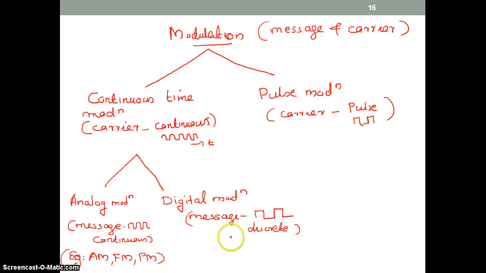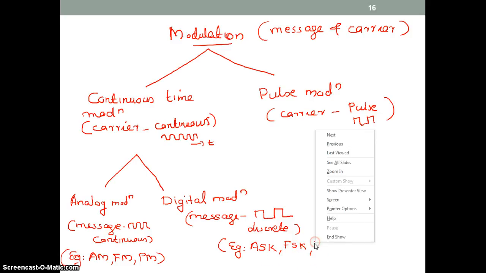Digital modulation examples are ASK, amplitude shift keying, which you will study in detail in unit 3; frequency shift keying, FSK, which you will study in detail in unit 3; and phase shift keying, PSK.